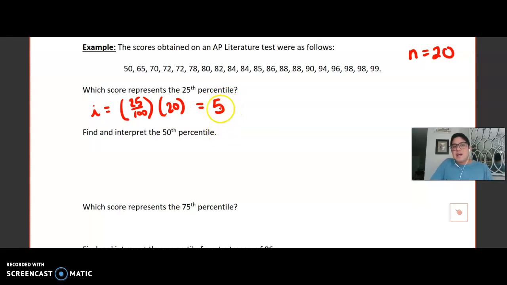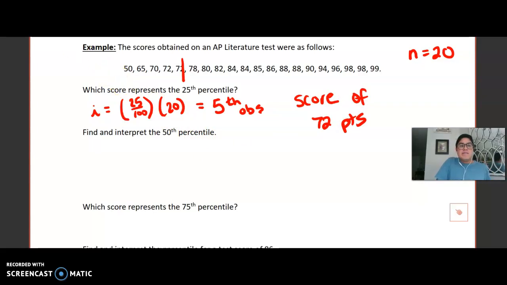So it's going to happen at the 5th observation. I'm going to count over 1, 2, 3, 4, 5. So a score of 72 or less represents the 25th percentile. 25% of people in the sample had this score on the exam or less. So here, a score of 72 points.